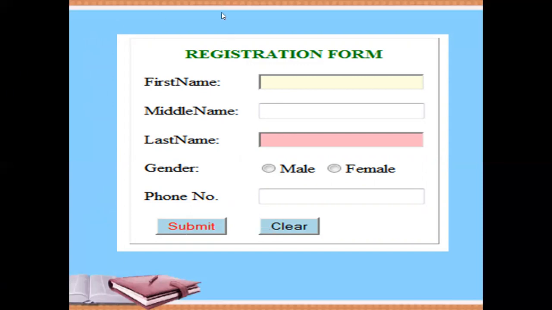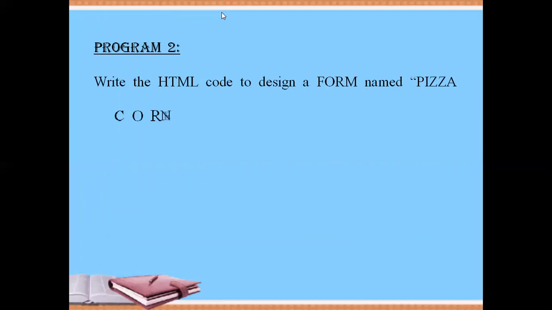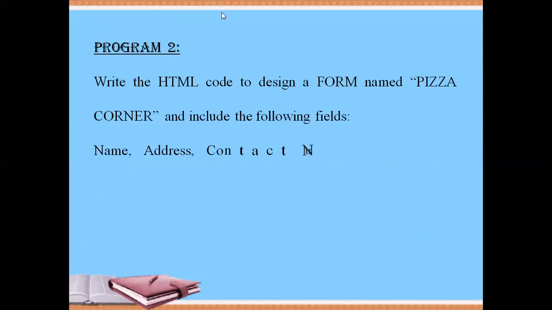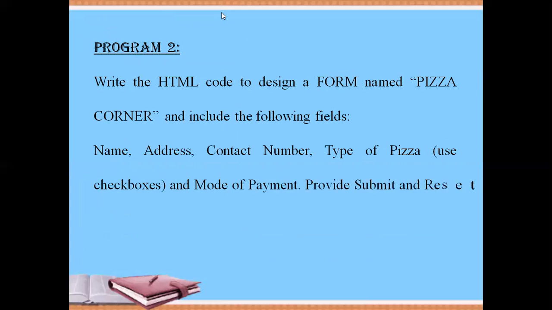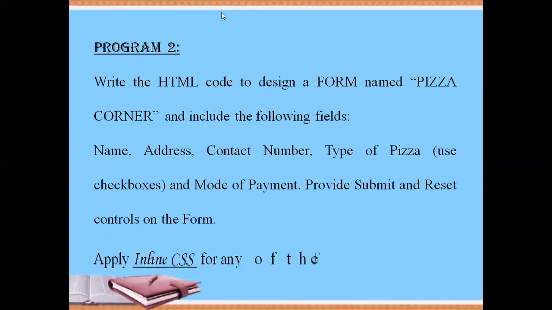So this was another program. Let's head to the second program. One more example. Write the HTML code to design a form named Pizza Corner and include the following fields: name, address, contact number, type of pizza, and mode of payment.